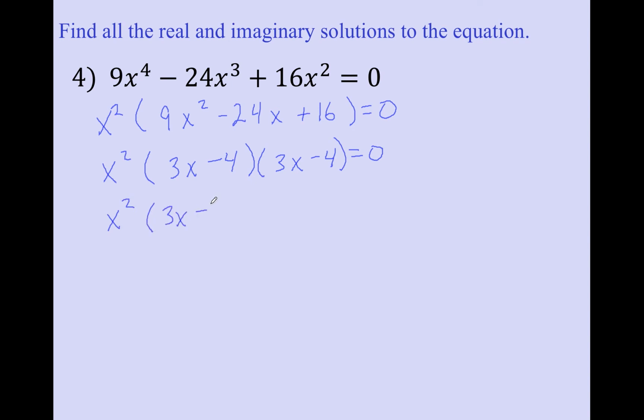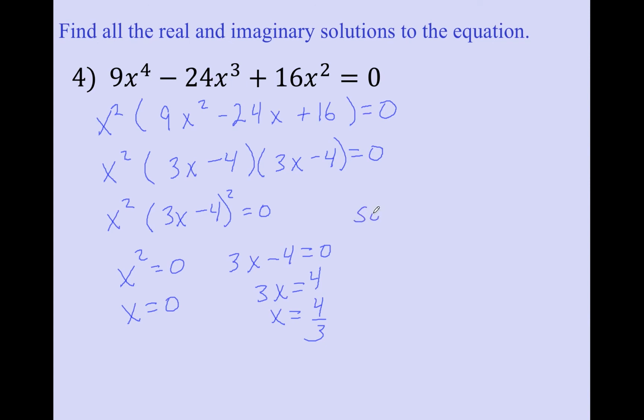That's 3x minus 4 squared equals 0. So I take this and set it equal to 0. I take this one in here and set it equal to 0. X equals 0. So my solutions are 0 and 4/3.